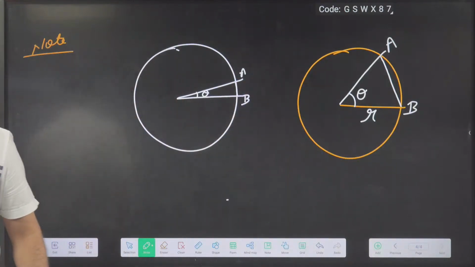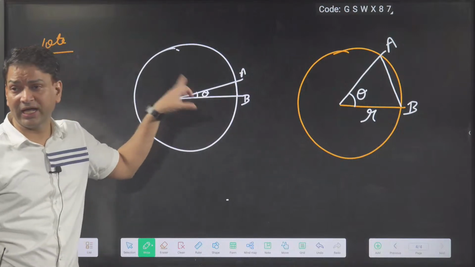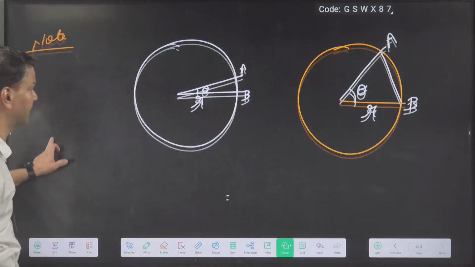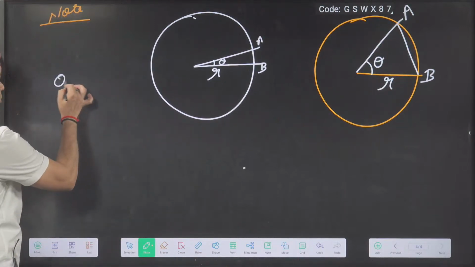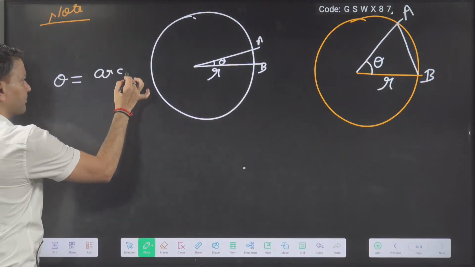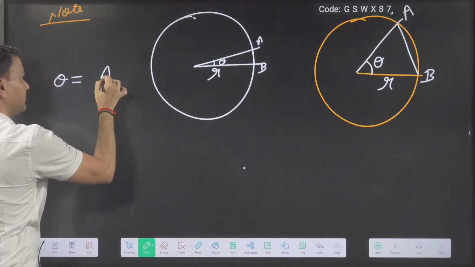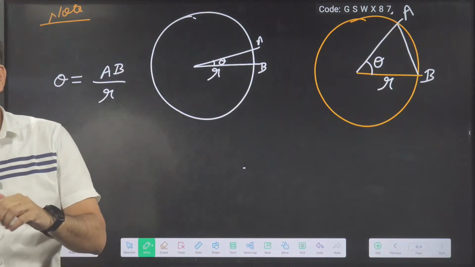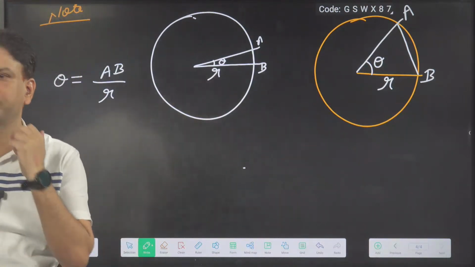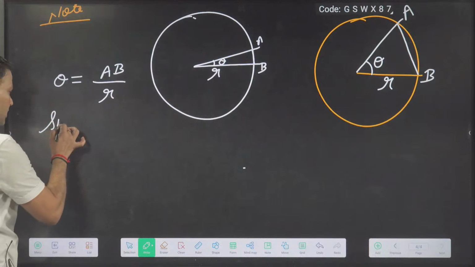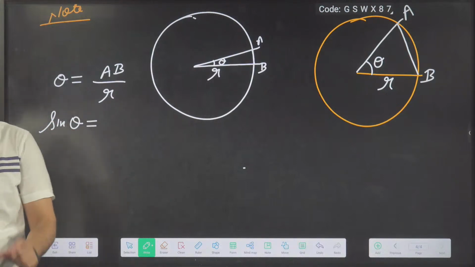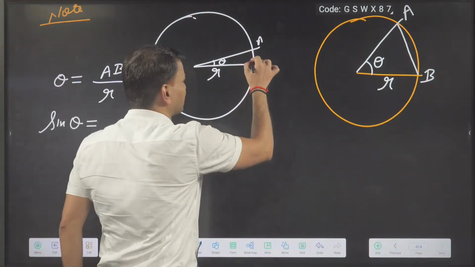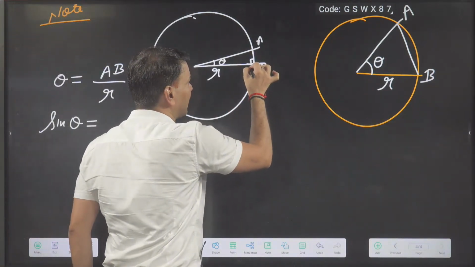Everybody got it? Now suppose we have to find the angle theta. For theta, we have the formula: angle is equal to arc upon radius. So theta is equal to arc AB upon radius R. If I ask what is sine theta, the formula is opposite side upon hypotenuse. Here AB is straight, and we know the radius is perpendicular to the circumference.